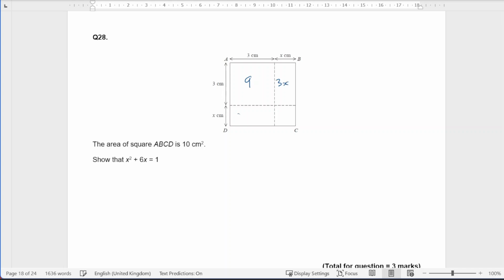The area of this would be 3x. And the area of this would be x squared. We're told that the total area is 10. So x squared plus 6x, that's 3x plus 3x, plus 9 is going to be equal to 10. If I minus 9 from both sides, x squared plus 6x would be equal to 1, which is what we were asked to show.